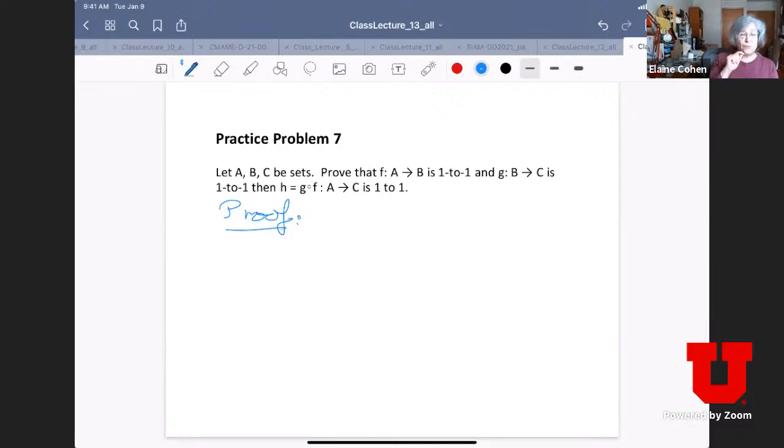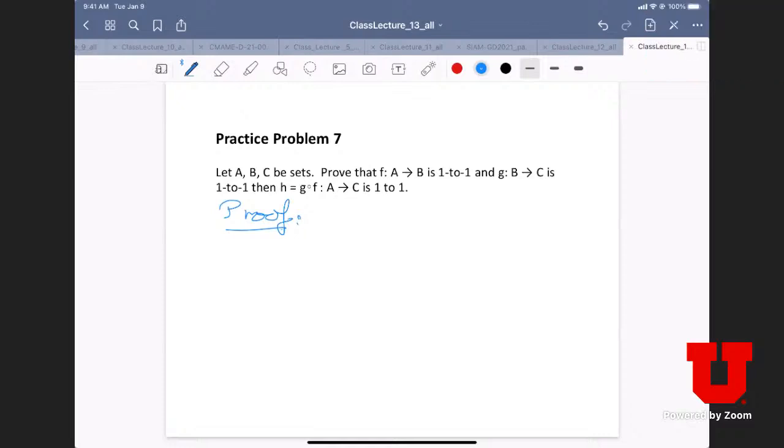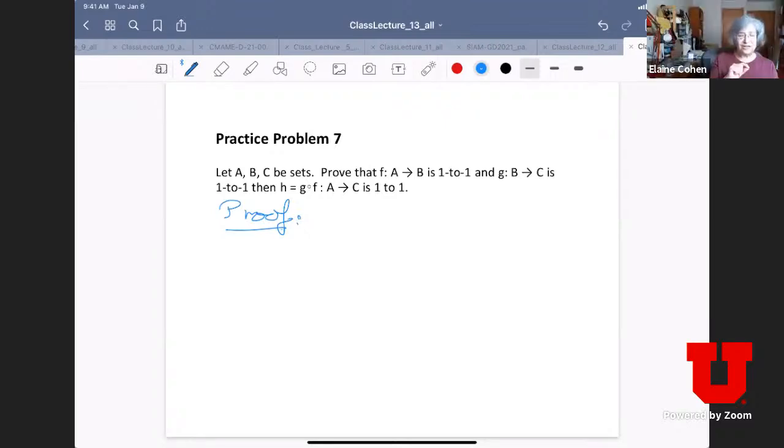For every point in the codomain, at most one arrow goes to it. That's, I think, what you were saying, right? Yeah, and I think it wouldn't be exactly one unless it was also surjective, right? It would just be at most. Yes, very good. But here we're only proving one-to-one.